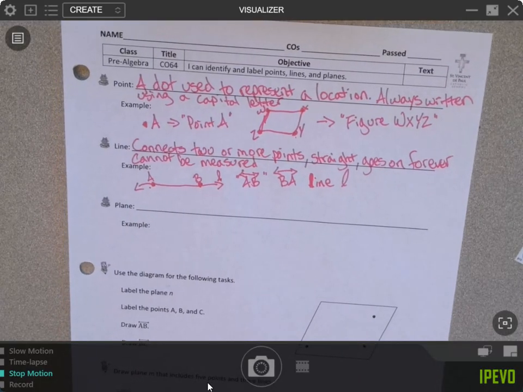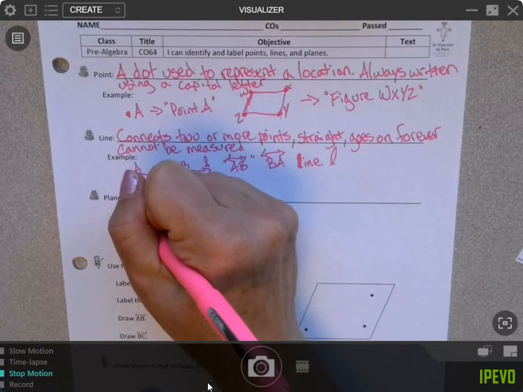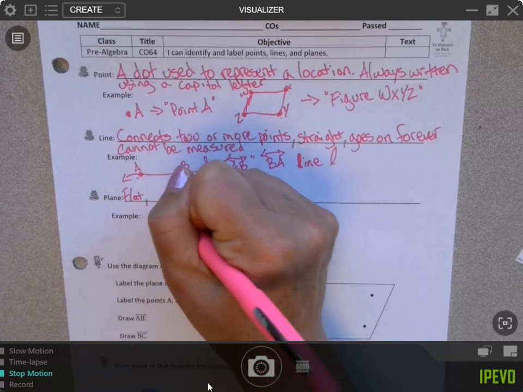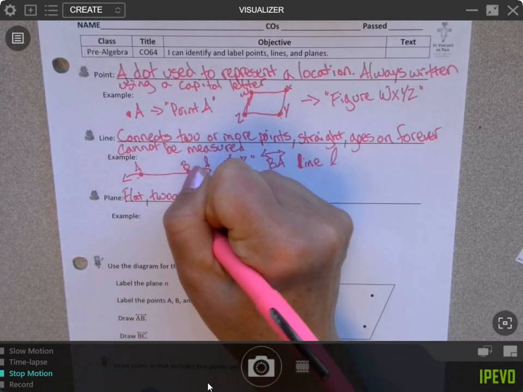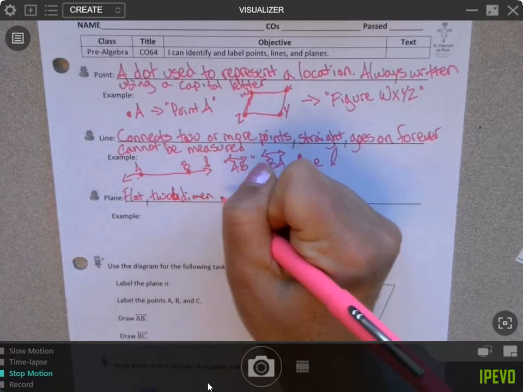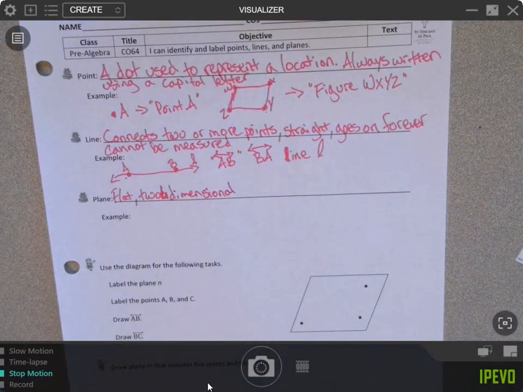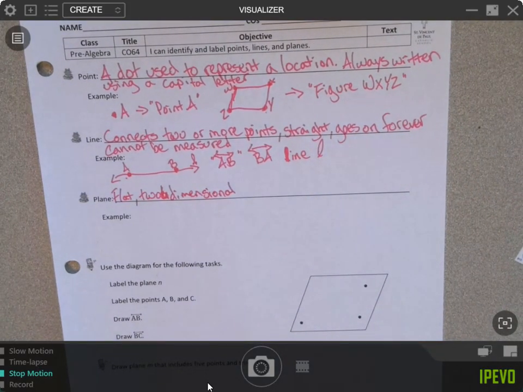Then we have a plane. A plane is flat, two-dimensional. So it's not like a solid figure that you can lift up and hold. It's two-dimensional. It's flat.